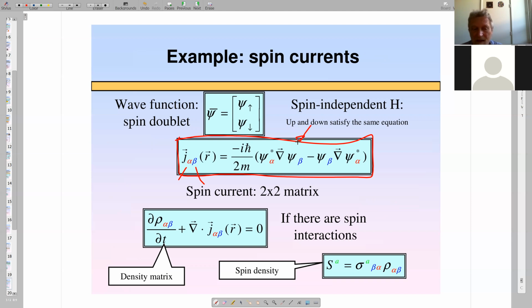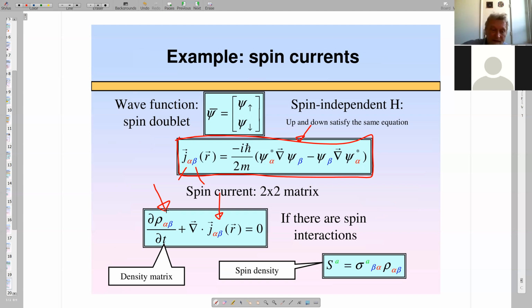Good, so I can now sum up overall wave functions. I would get the total current of all electrons, and I can write continuity equation. So there is a density matrix with spin index. It shows density of electrons and also density of spin.